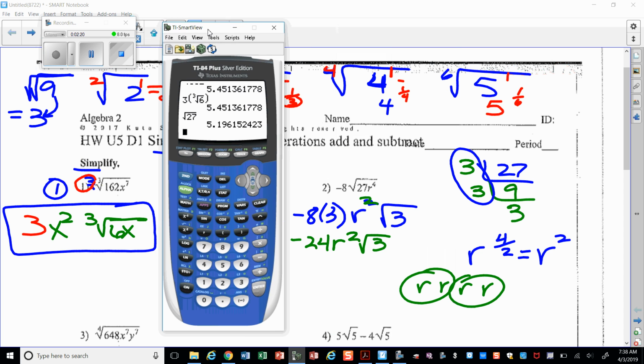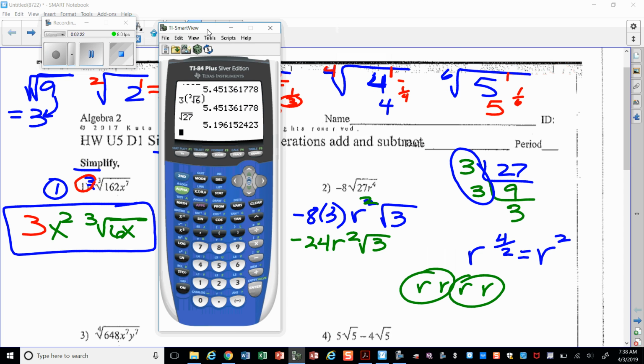All right, I'll put in negative 8 times the square root of, so we've got negative 8, clear everything. So negative 8 square roots to the 2nd squared, and then I'll put in 27. Instead of r, I'm going to use x, and then up to the 4th power, I'll use the up arrow and make that to the 4th power and hit enter.